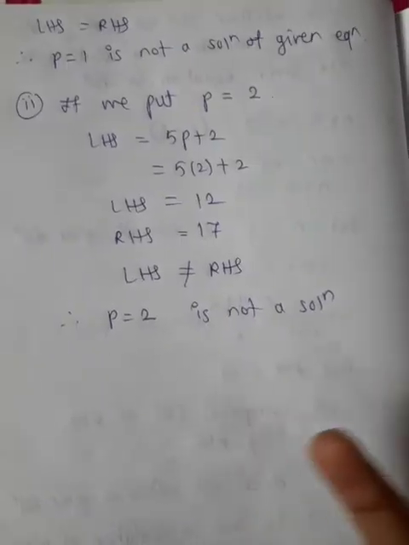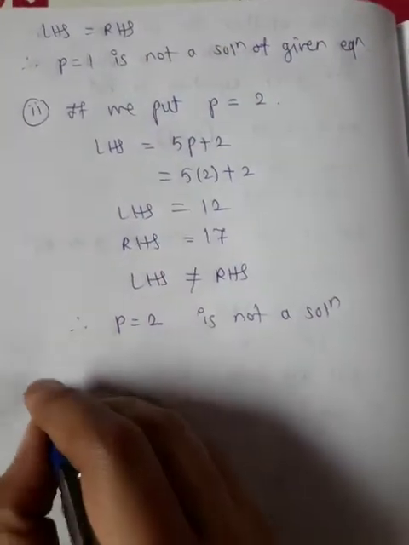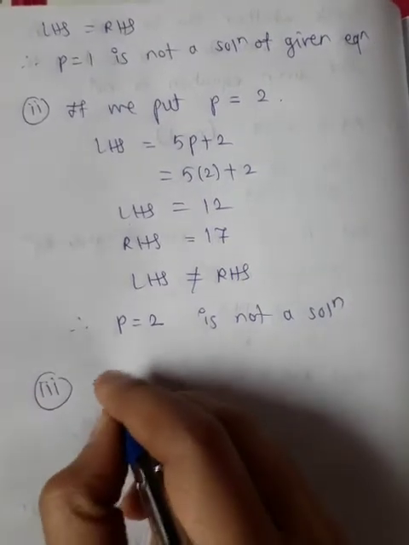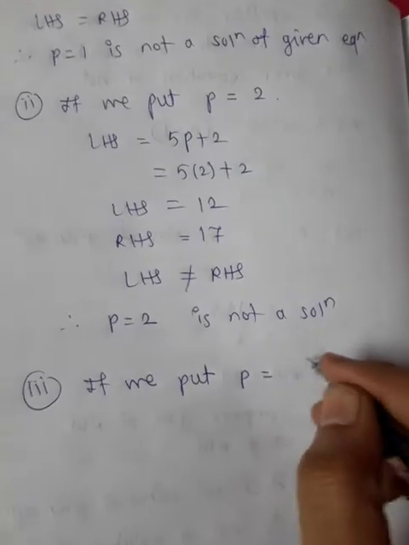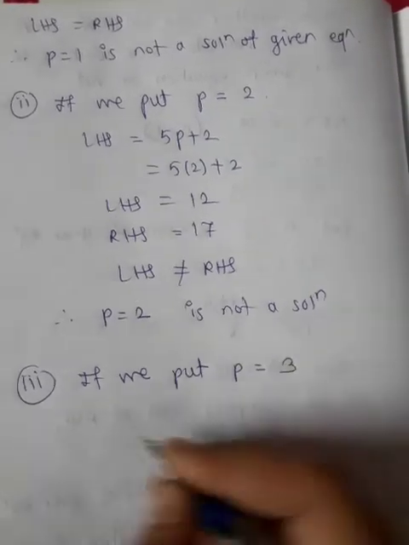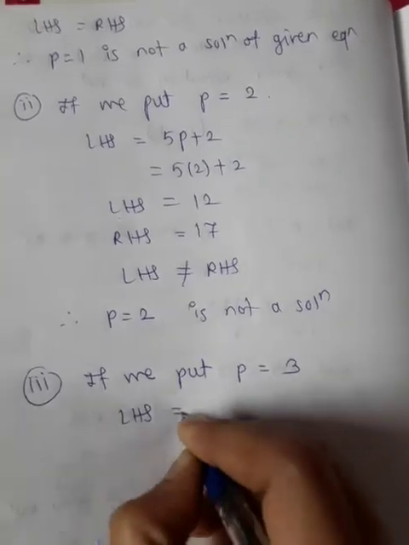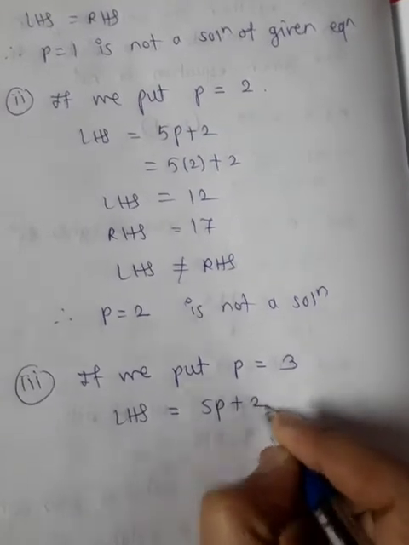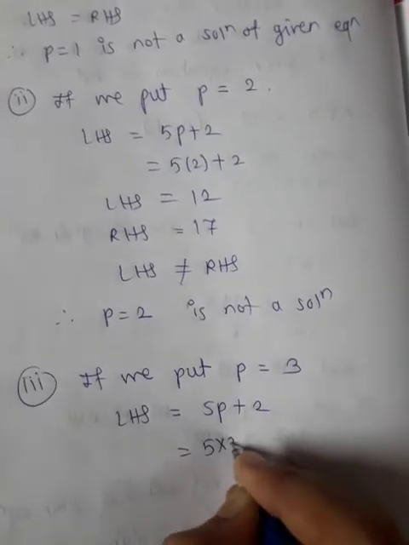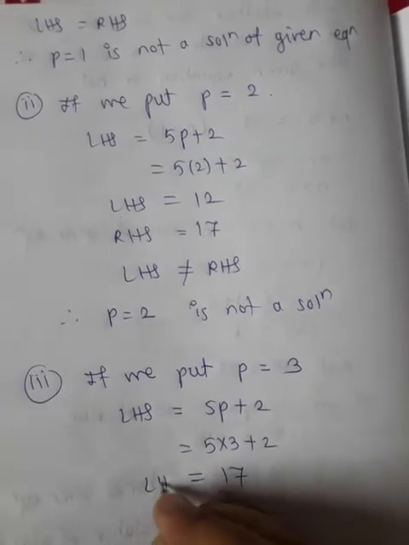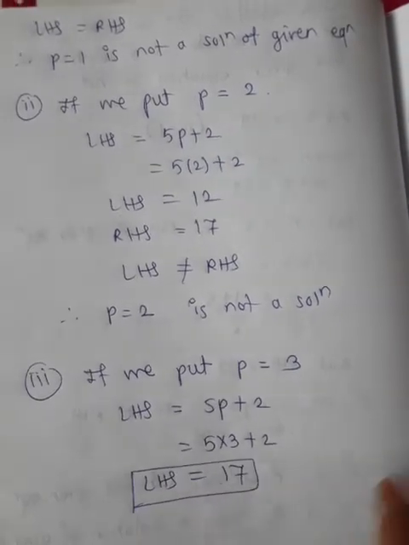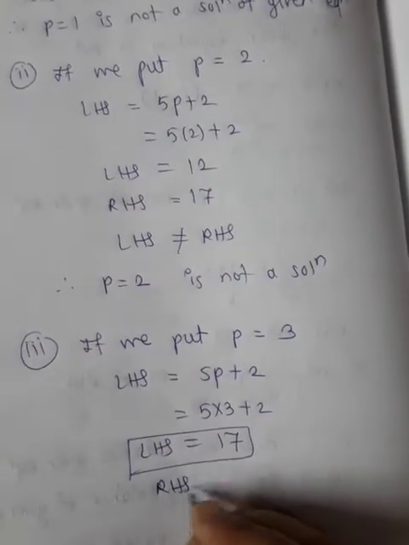Like this you can try any values. Now if we put p is equal to 3, then what is the LHS? LHS 5p plus 2 becomes 5 into 3 plus 2, that is 15 plus 2, that is 17. So LHS becomes 17, and the RHS of the equation is 17.